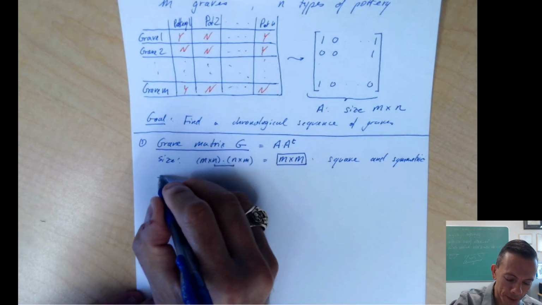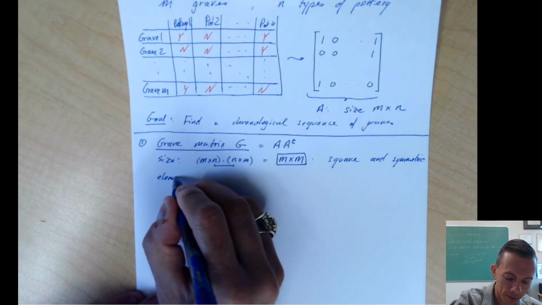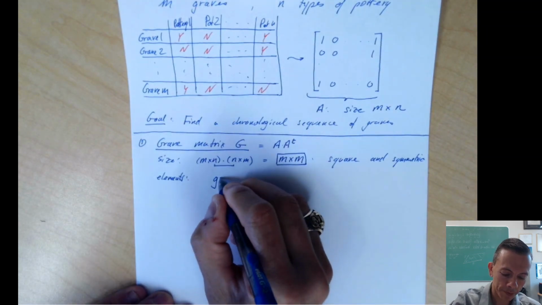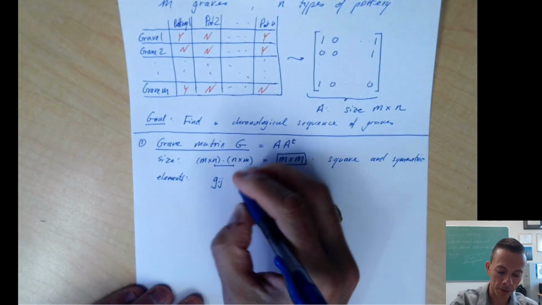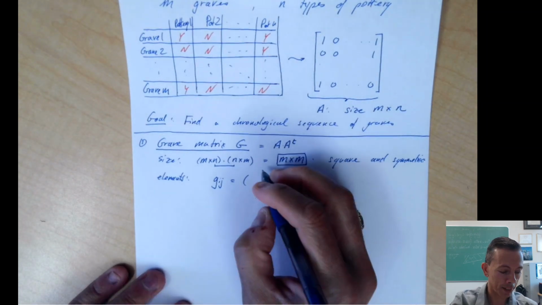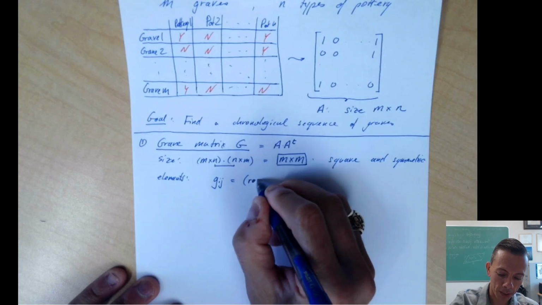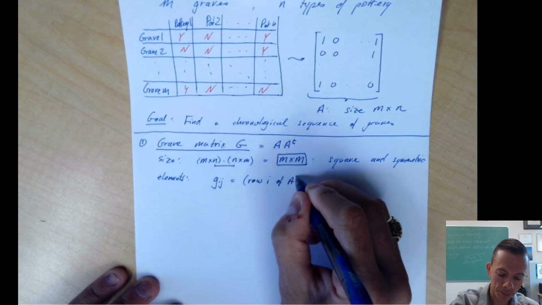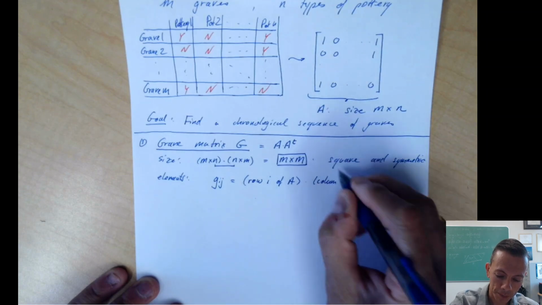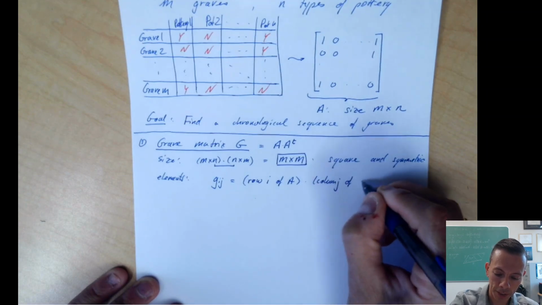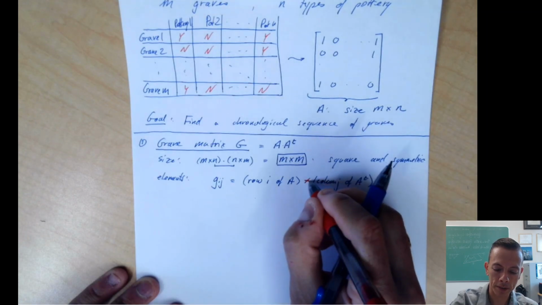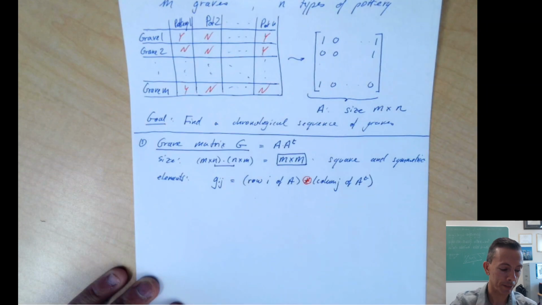So if we look at the elements of this grave matrix, the elements G_ij, we can use the same kind of informal concept that we used a minute ago. It is obtained by taking a linear combination of row i of matrix A with column j of A transpose.